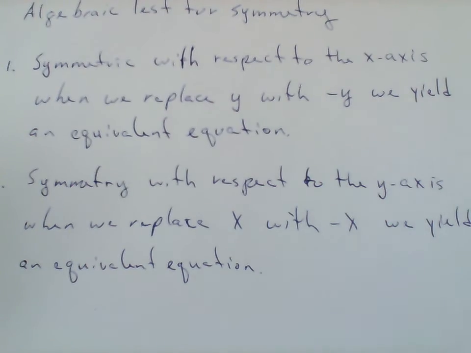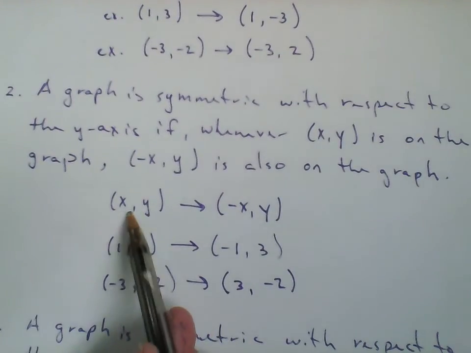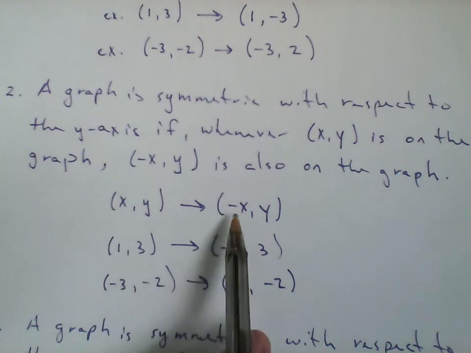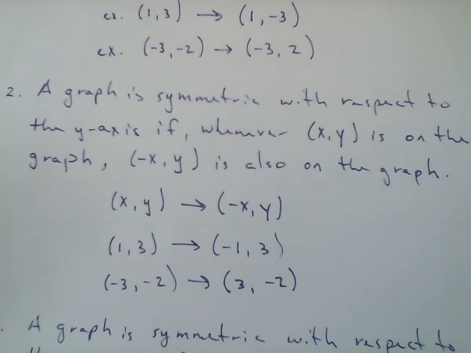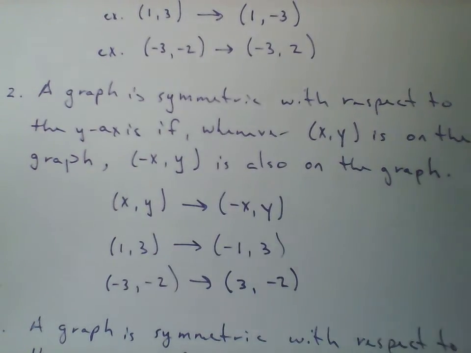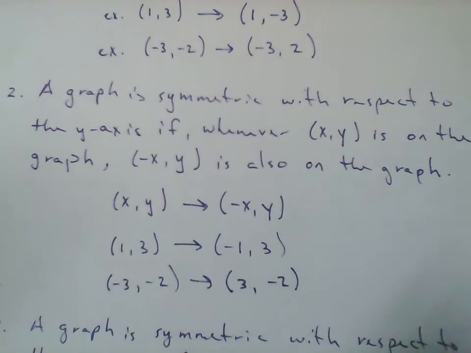Right? It's the same thing we were doing before, right? I could look at this point, right? It's saying that if I have x and y and I replace x with a negative x, I'm going to get the same y, right? But we're talking about it in terms of an equation now. It's algebraic instead of graphic. We're not dealing with just points, right?